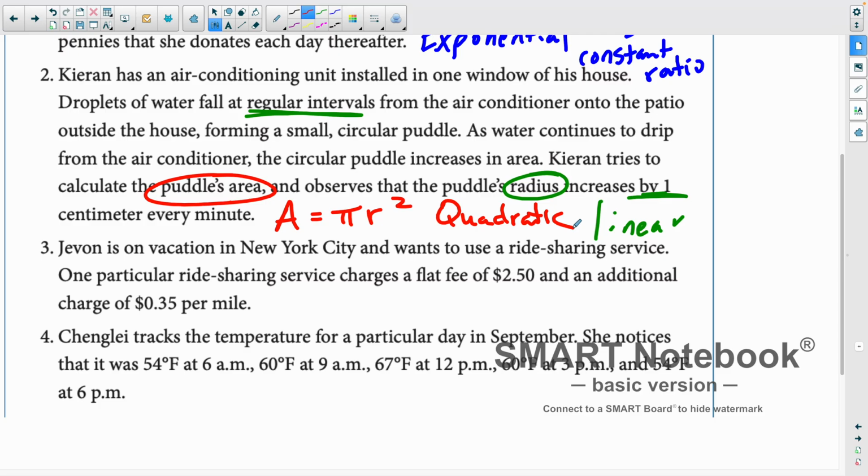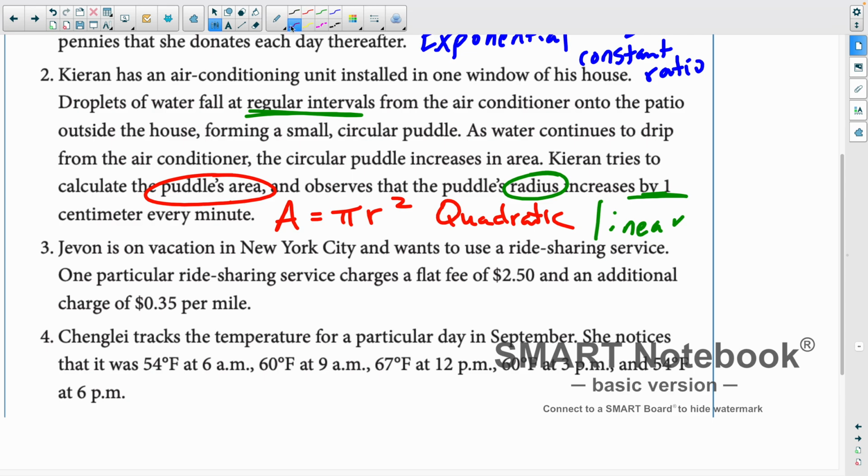Does that make sense? The radius is linear. The area is quadratic. Now, what was our definition for quadratic? A linear rate of change. So what's the radius doing? It's changing linearly. That was kind of tricky. You got to make sure that you're focusing on what they're asking.